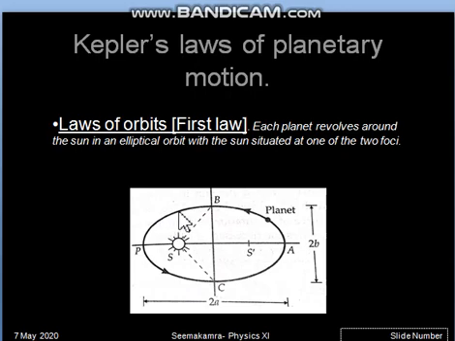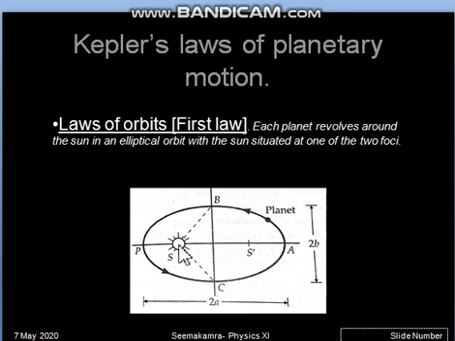So for every curvature, left side and right side, we can have two focus positions or two foci, and it was stated in Kepler's law that the sun will remain at one of the foci. The sun is not present at the center of the ellipse while the planets are revolving around it. The sun remains at one of the foci. So these are the two important points.